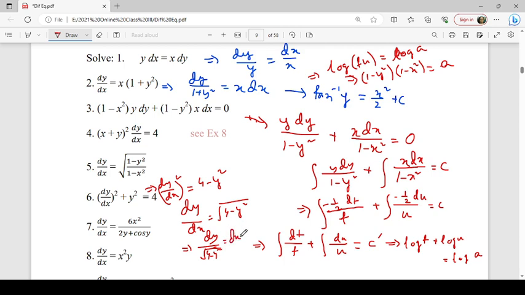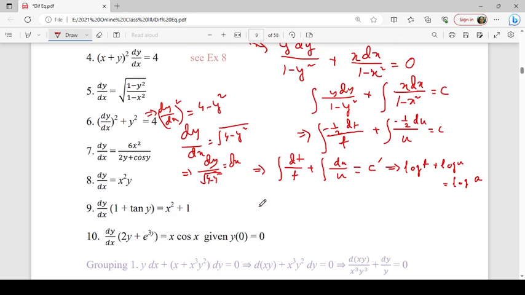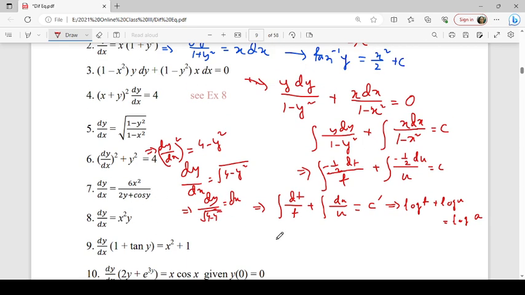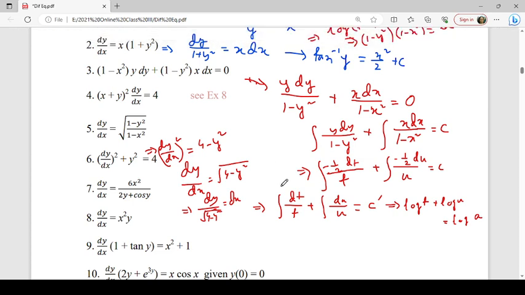So the solution will be in terms of sine inverse and this x. So these are the ways of solving this. This is the method where variables are separable.